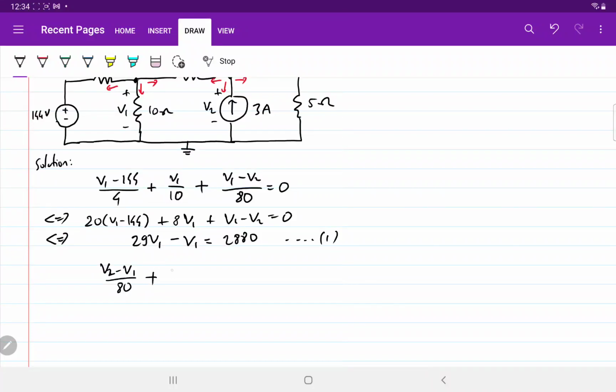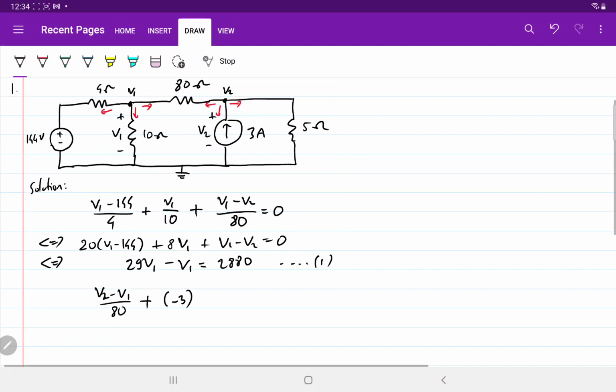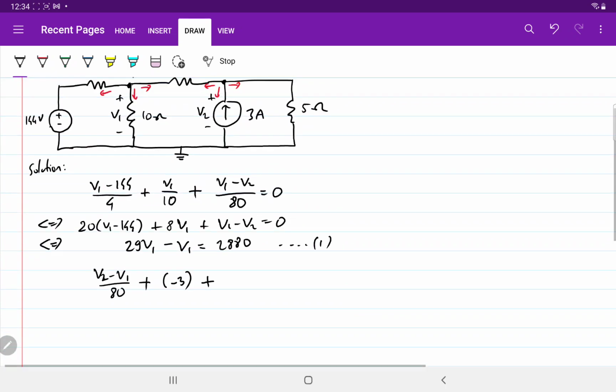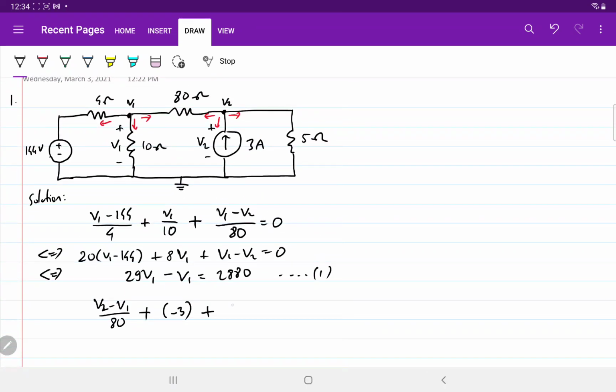So we just write negative 3. Then the last one is V2 minus 0, the ground, over 5, which is 0.